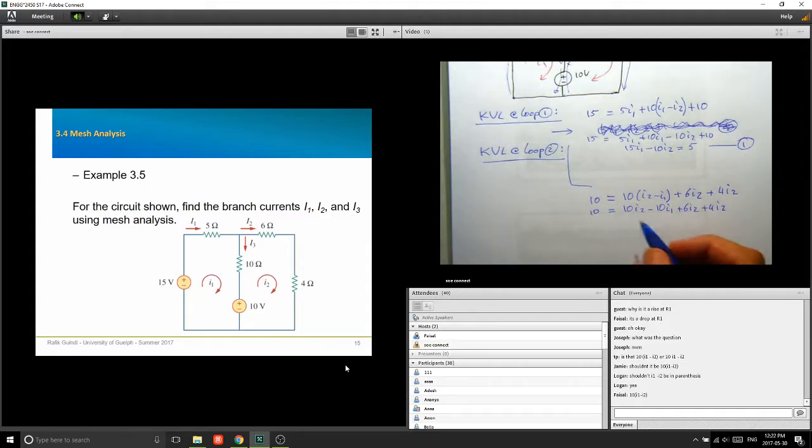So what do we have? It's 20 I2 minus 10 I1 equals 10, right? That's the second equation.